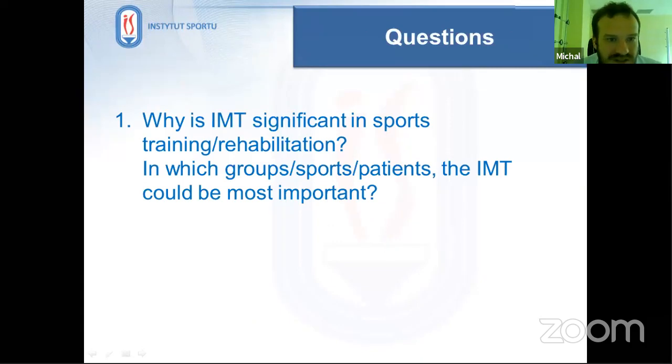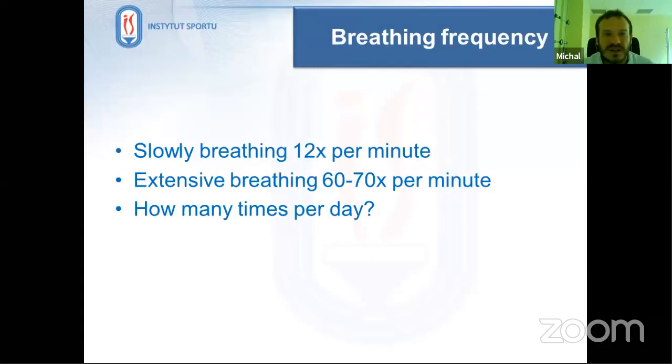So why is inspiratory muscle training significant in sport, in training, in rehabilitation, and in which groups of sportspeople and patients could it be most important? Why is it so important? Because in slow breathing in general life, we breathe 12 times per minute. In extensive breathing during exercise, during competition, during other acts of living, we can breathe 60, 70 times per minute.